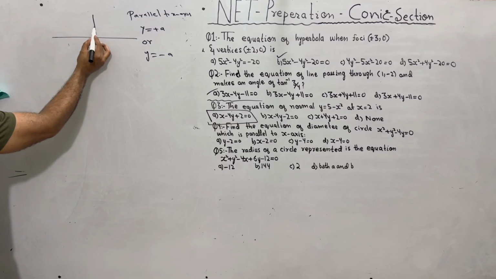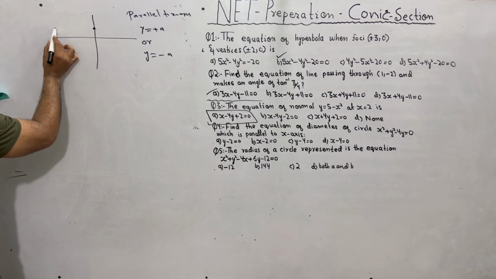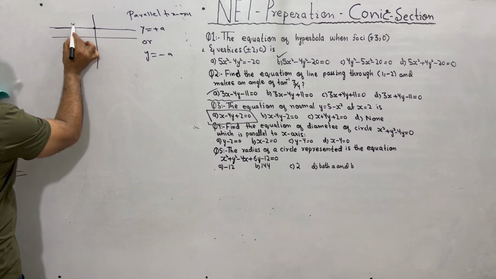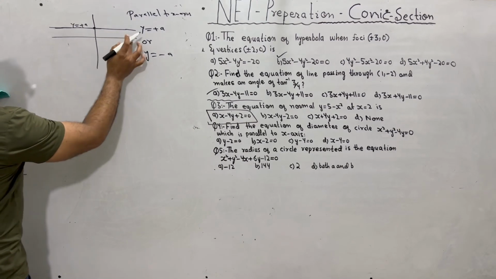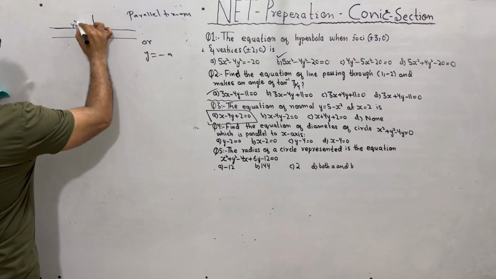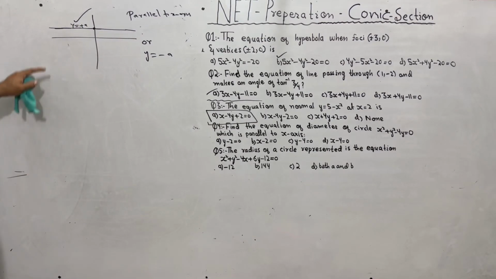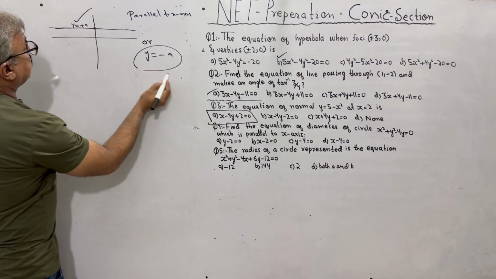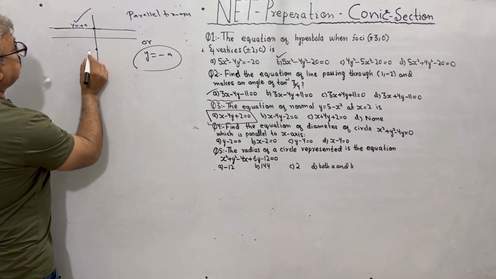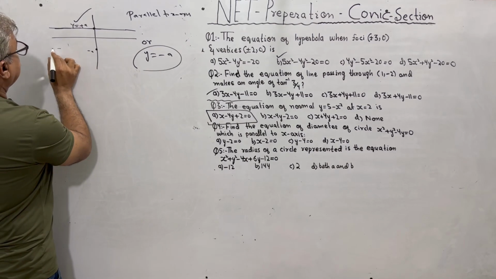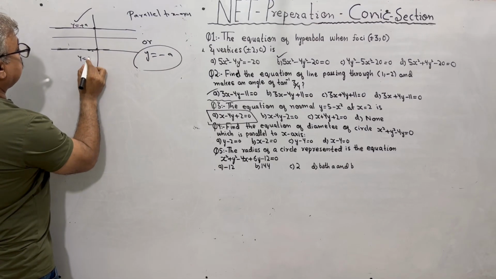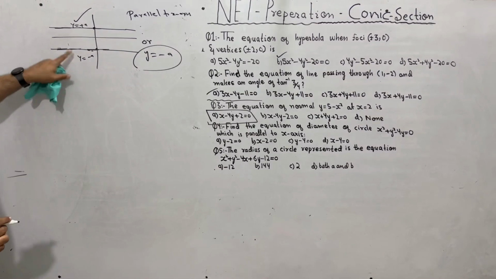If y is positive, somewhere here, that is y is equal to positive a, the line parallel to the x-axis. If the value of y is negative, negative a, and we draw a line from this point, that is y is equal to minus a, also parallel to the x-axis.